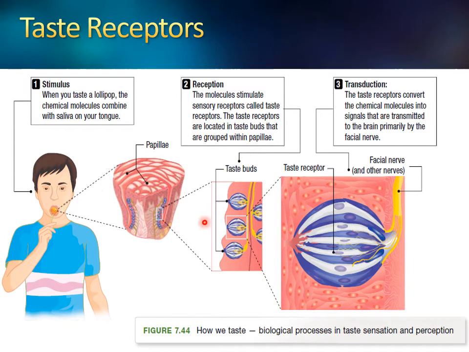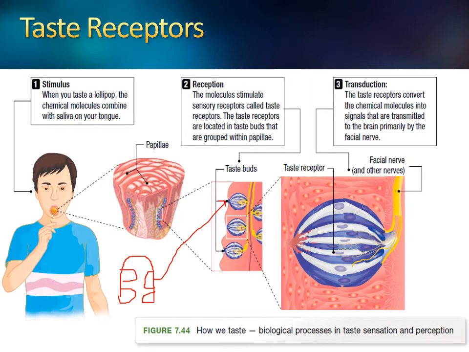Think of it like this, and I apologize for my terrible drawing. This is one papillae, and on the sides you've got the taste buds. Sorry about the terrible drawing. On the sides of each papillae, the little bumps on your tongue, you've got these taste buds.